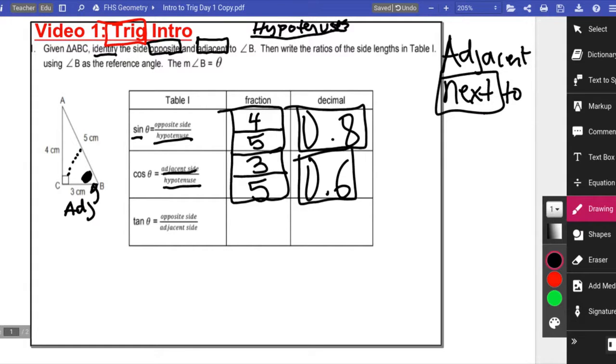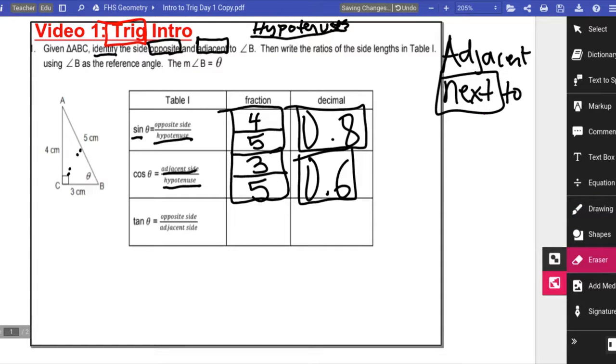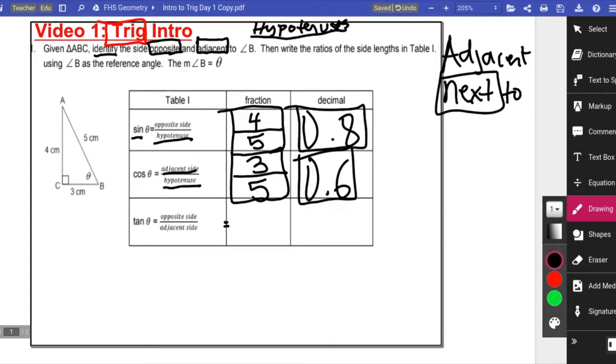All right, let's do the last one, tangent. Tangent, same deal. Now, the ratio is this. Tangent, you will have to do like I've been doing. The top one is the opposite. Opposite from this angle that they're talking about, which is 4, over the adjacent.